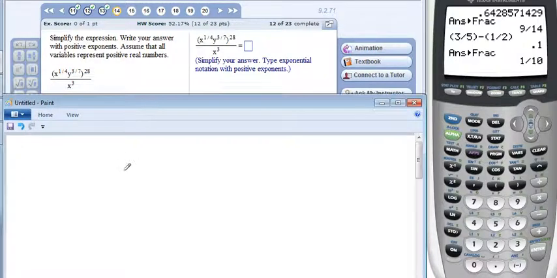All right, my next rule, and these should all be review, is powers raised to powers. If you have a power raised to another power, it indicates multiplication.